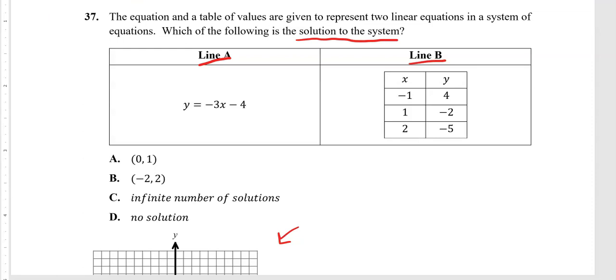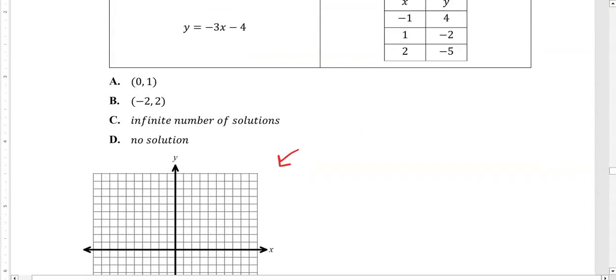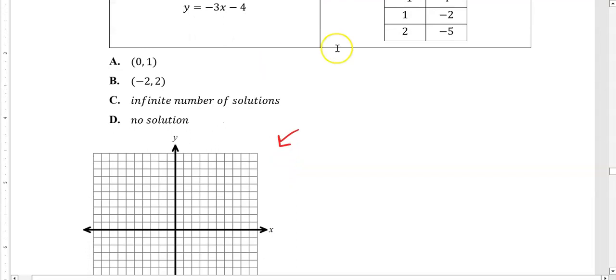So I'm going to scroll this down a little bit. We're going to graph the line: -4 is my y-intercept, 1, 2, 3, 4, and then my slope is -3 over 1, because remember that's really over 1. So normally I would go down 3 and to the right, but instead I'm going to go up 3 because I kind of ran out of room on my screen. 1, 2, 3 this way.